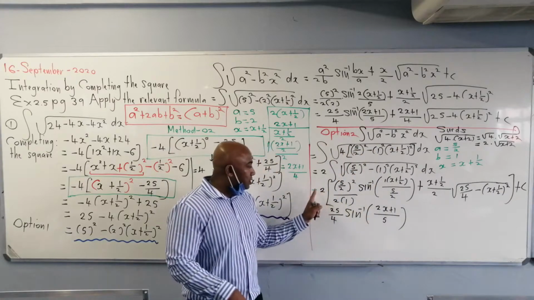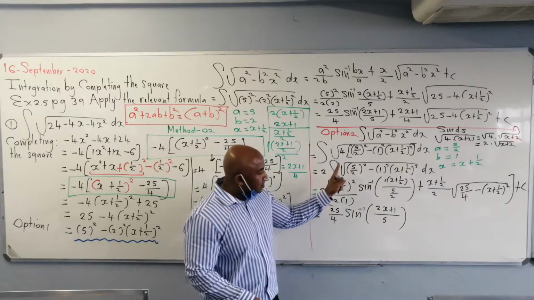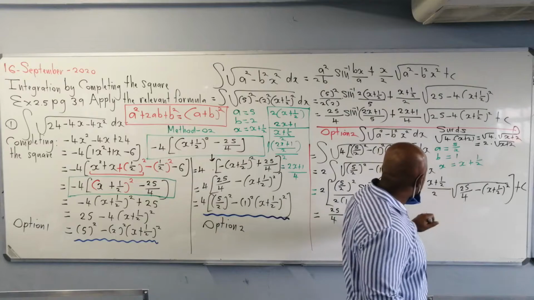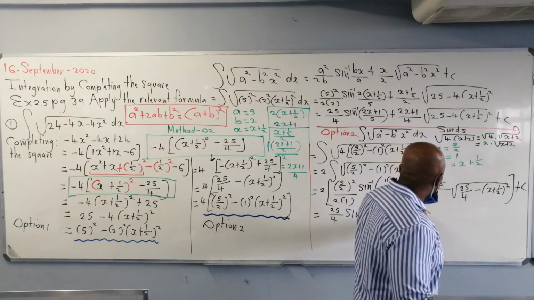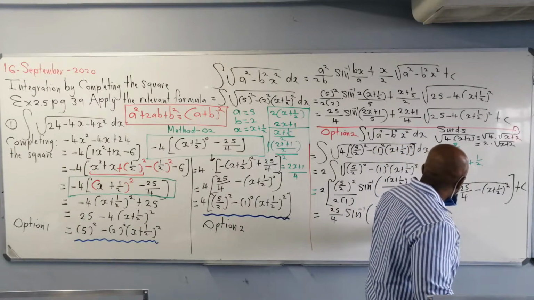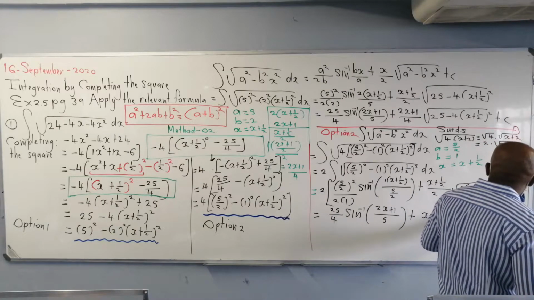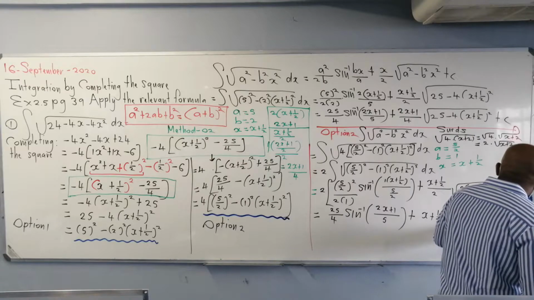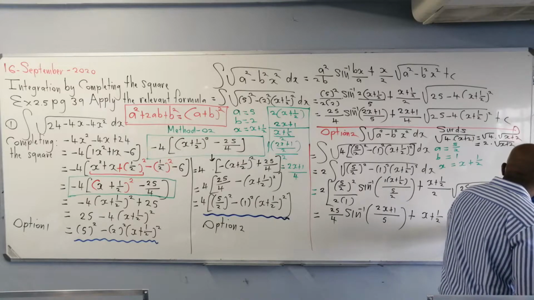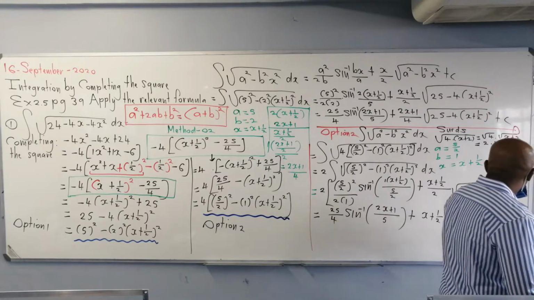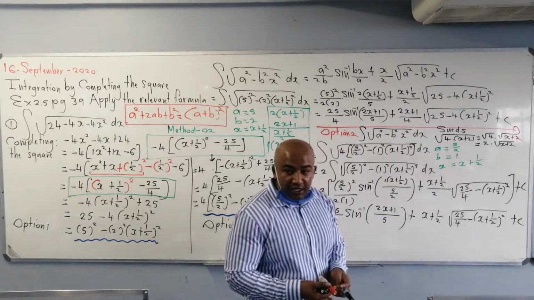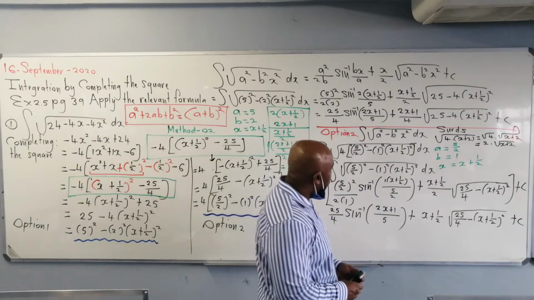Here, this 2 also needs to be multiplied by term number 2. 2 and 2 cancel, so we just have x plus half times the square root of 25 over 4 minus x plus half all squared, plus c. So both versions are correct. It's up to you.